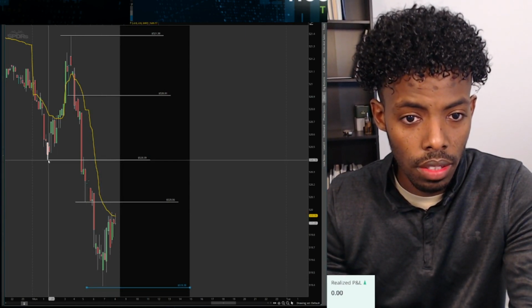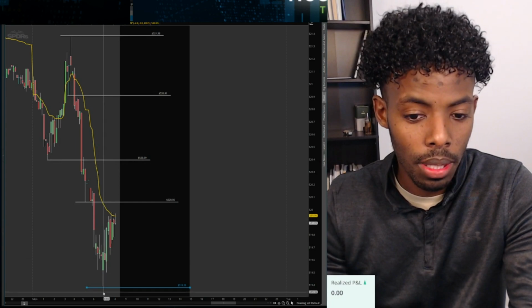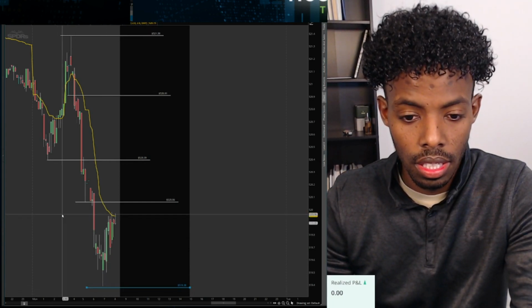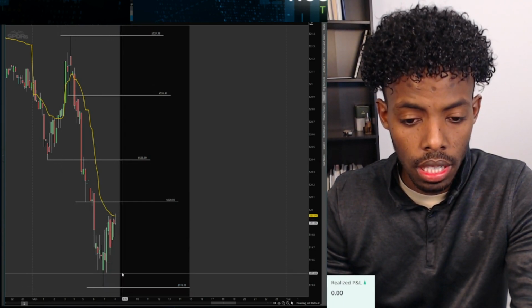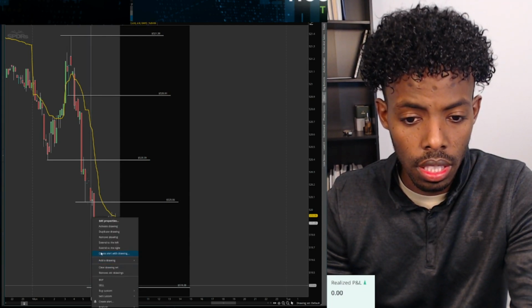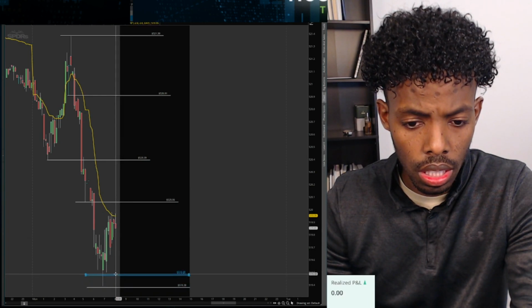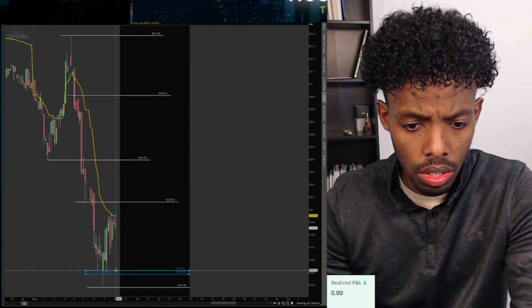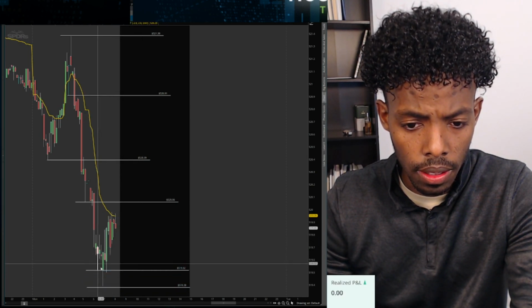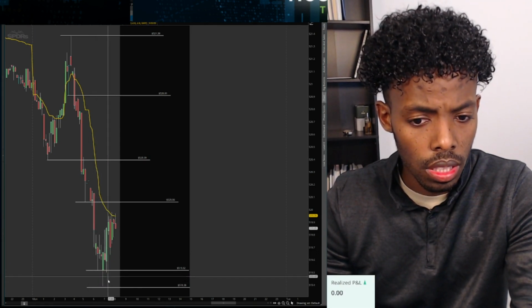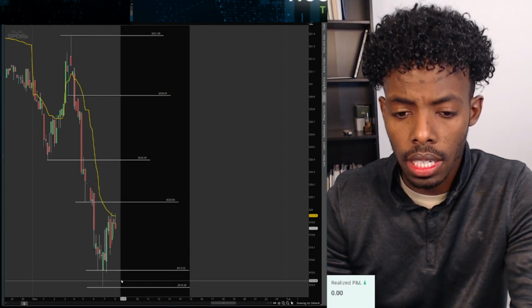So this is the first bouncing spot, and then this is the second bouncing spot that it found, right? We can also mark right here. This is essentially a zone, really. This area. We'll go ahead and duplicate this real quick. It's essentially a zone here, right? Once the price comes back here again.